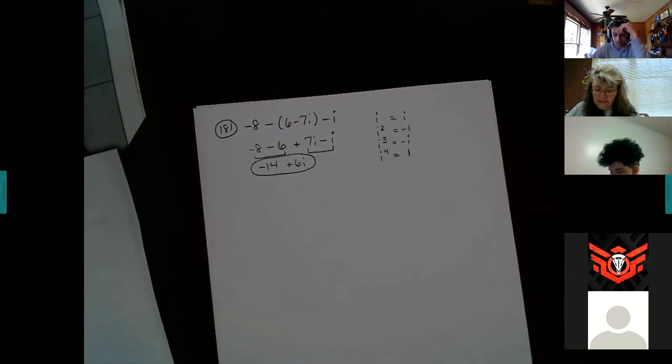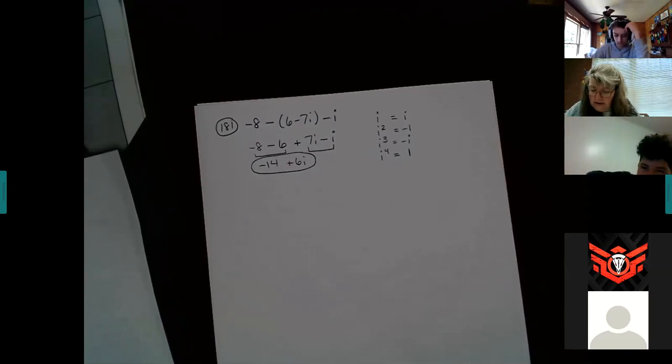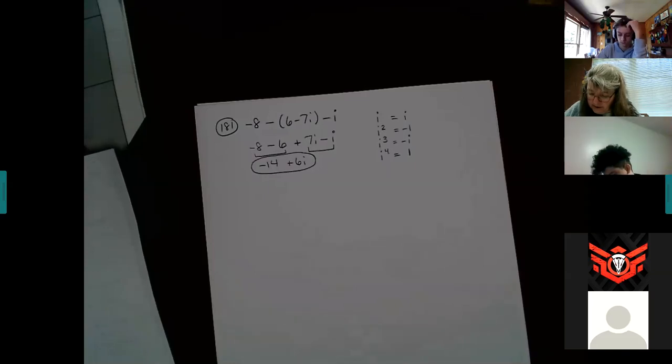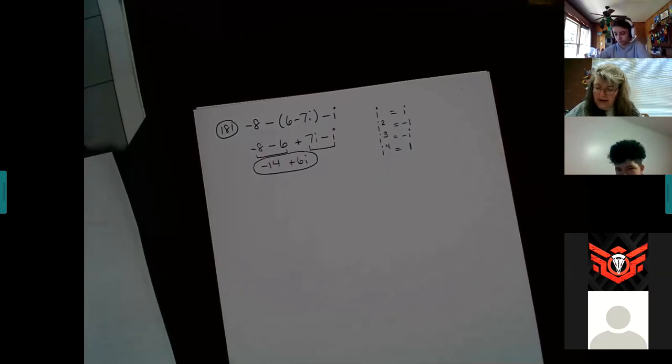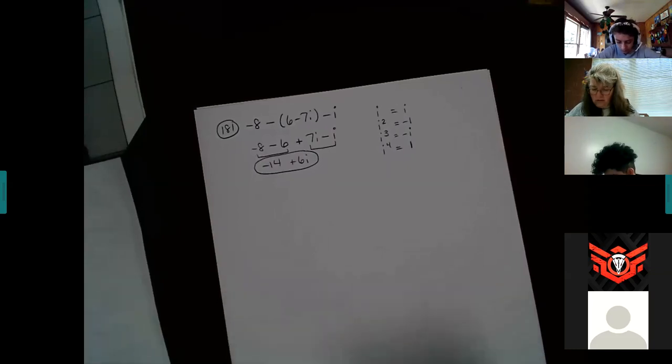I thought I had culled them out, but I must not have. 196 and 200. Mark out 200. And 194 and 198. Mark out 198. Now 191 and 194. Mark out 194. 192 and 199.